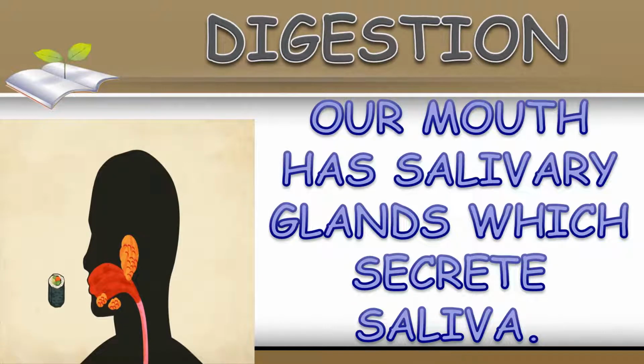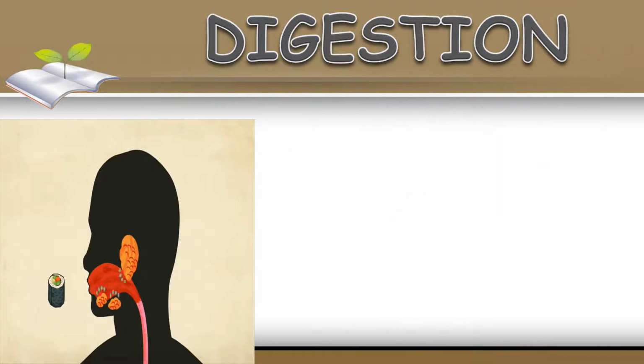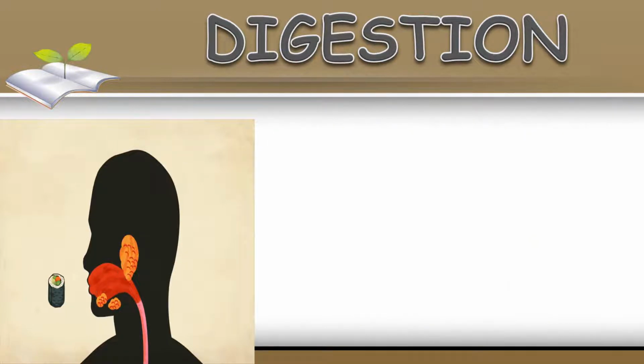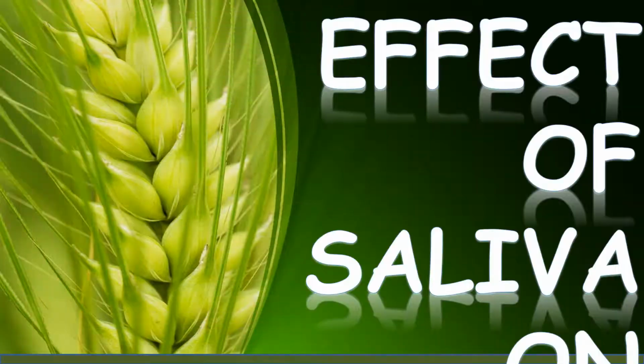Our mouth has the salivary glands which secrete a digestive juice known as saliva. The saliva breaks down the starch into sugars. Now we will see a video which shows the effect of saliva on starch.